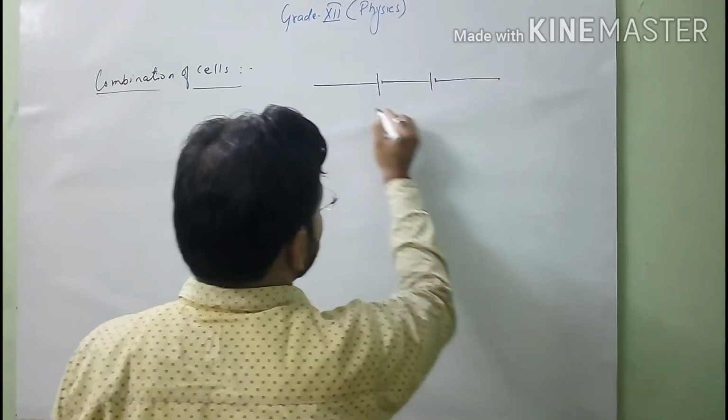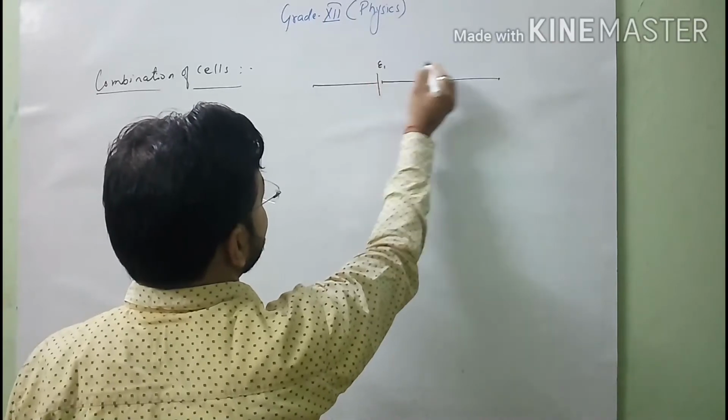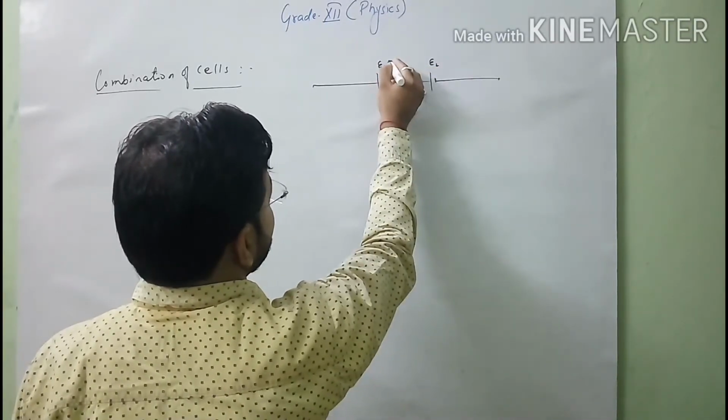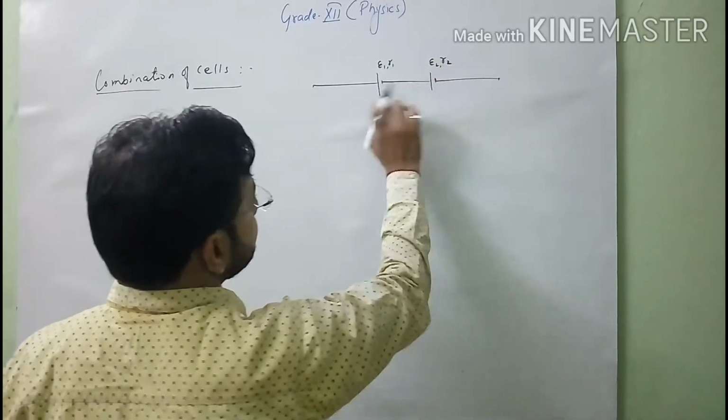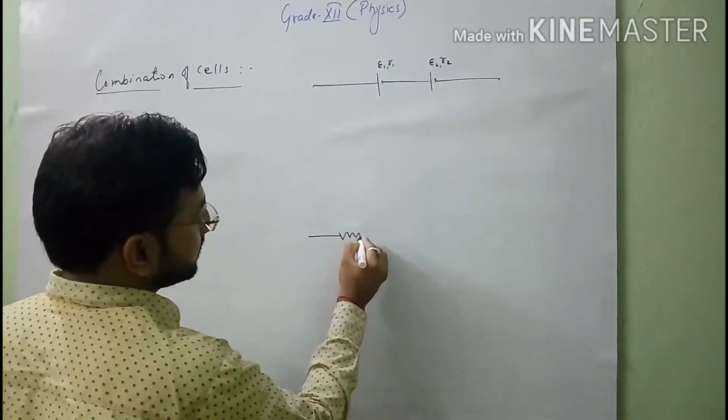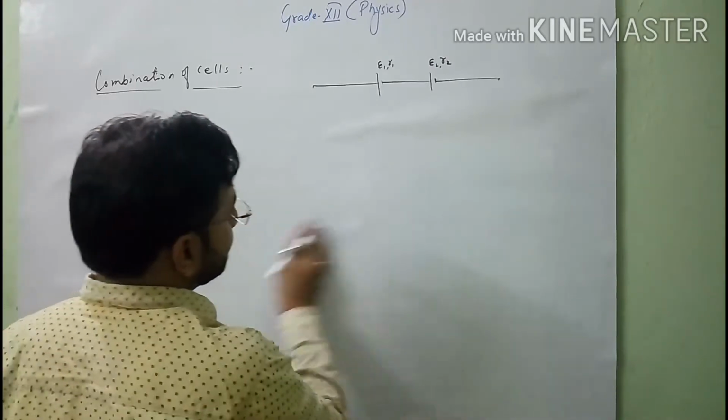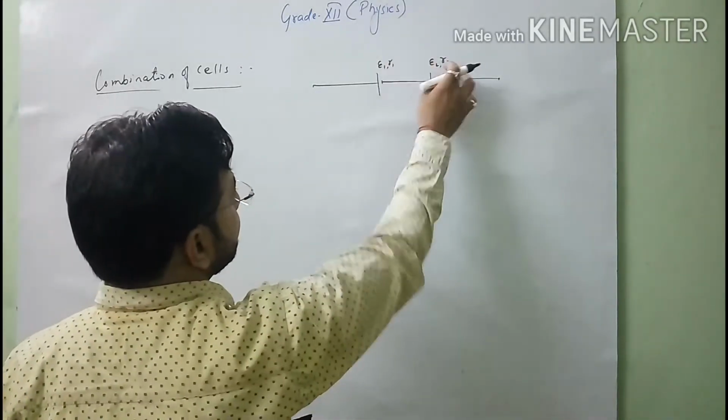After that, suppose I am taking two cells of EMF epsilon 1, epsilon 2 with internal resistances R1 and R2. Here I am not showing the internal resistance with a symbol of this type, clear? I am mentioning it by R1 and R2.